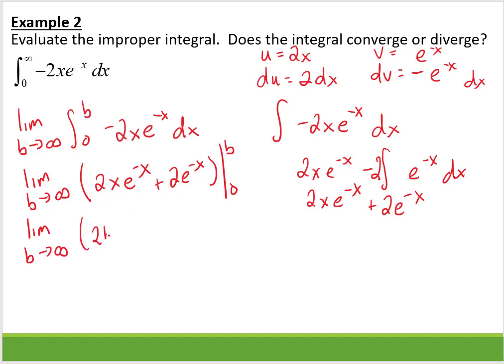I have 2b e to the negative b plus 2 e to the negative b, minus, when I plug in 0, this first term goes to 0, plus e to the 0 is 1, so 2.